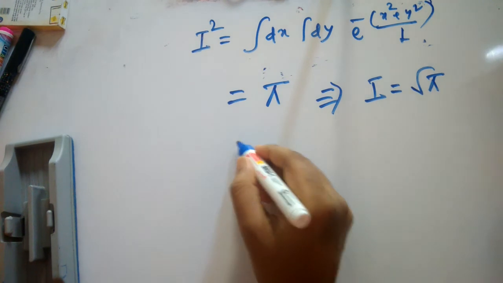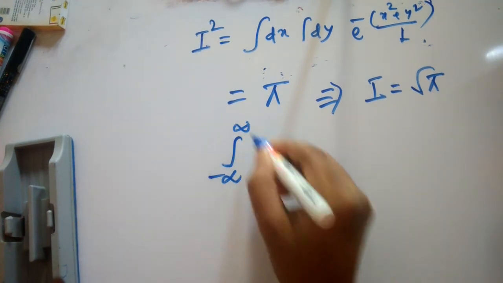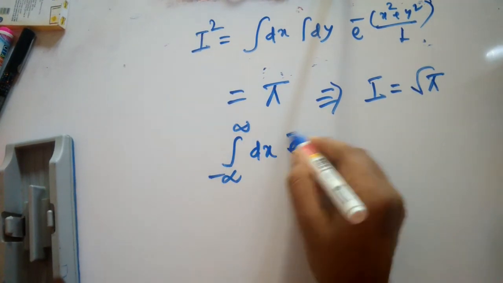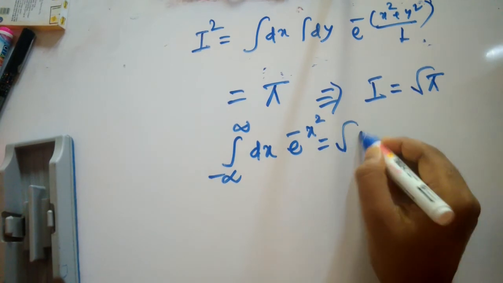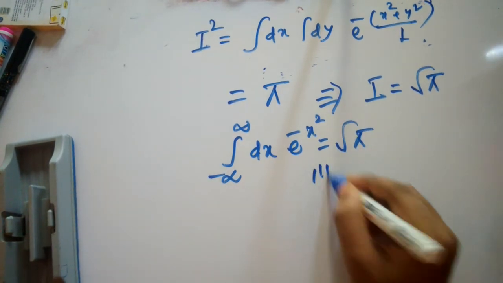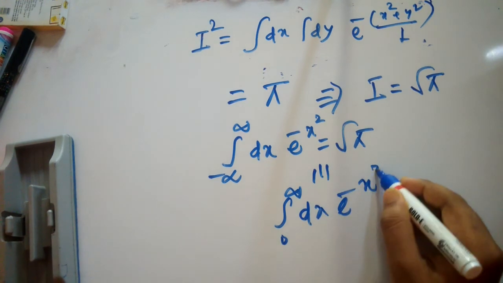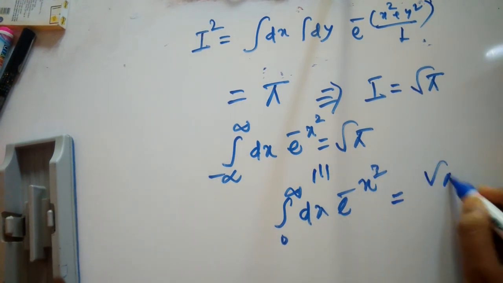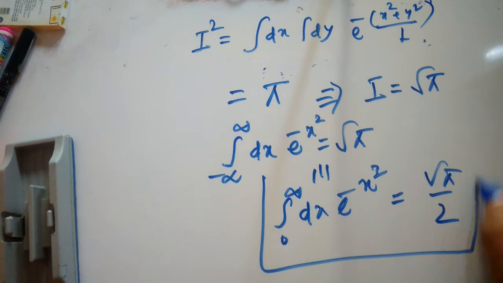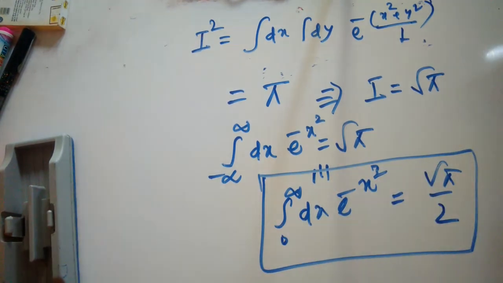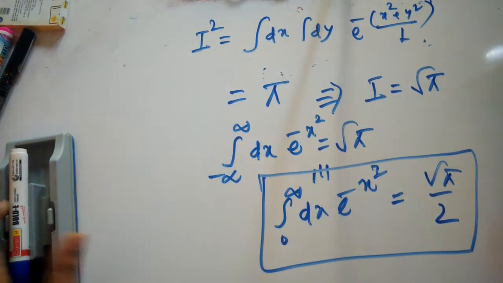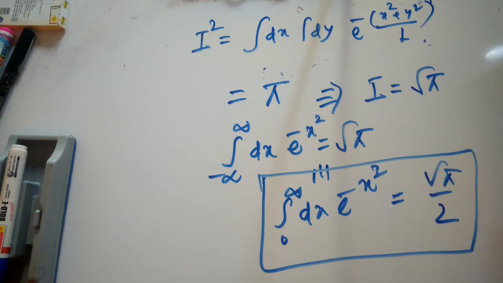Okay, so therefore we can write the integral of e to the minus x square dx from minus infinity to plus infinity equals root over pi, and so equivalently, 0 to infinity dx e to the minus x square is root over pi by 2. So that is the standard Gaussian integration, and I hope you will understand how you can get that in a straightforward manner. Okay, thank you.